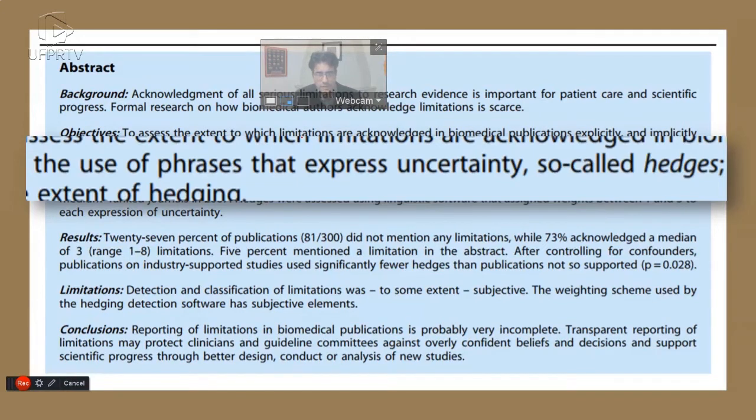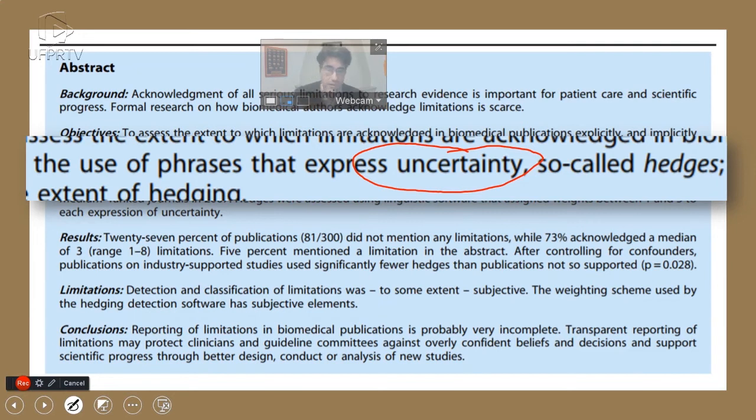They looked at, in the article, phrases that express uncertainty, so-called hedges. And a lot of people feel like uncertainty doesn't have a place in science, that science is all about being able to prove something, but actually, as I've talked about before in this class, it's not really what writing or contributing to science is about.